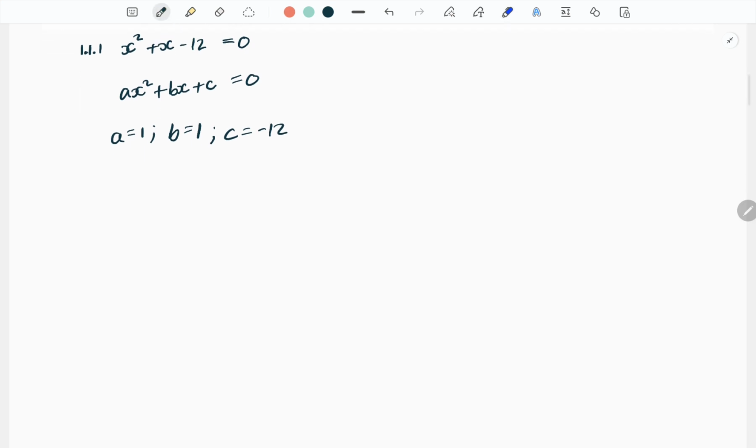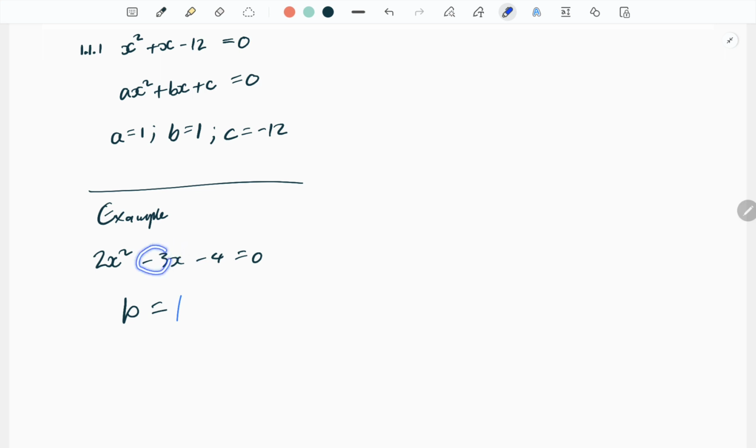For example, again, let's say I have something like this: 2x squared minus 3x minus 4 is equal to 0. What is the value of b? b is the coefficient of x, it's going to be this number. What is the value of b?